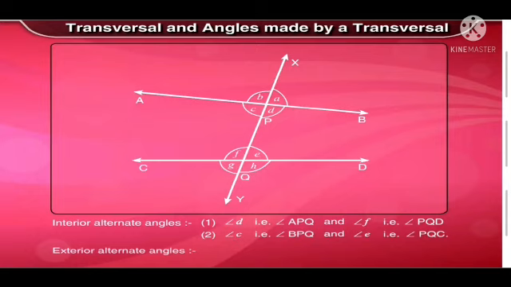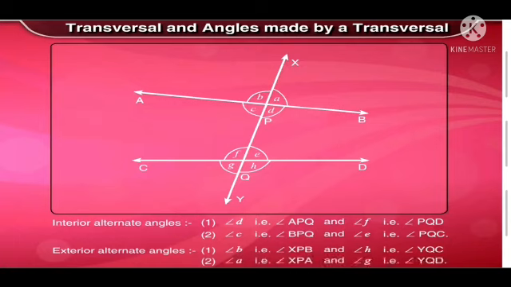Exterior alternate angles. First one, angle B, that is angle XBP, and angle H, that is angle YQC. Second one, angle A, that is angle XPA, and angle G, that is angle YQD.